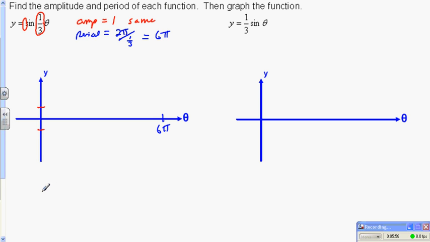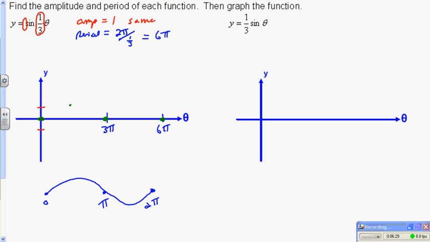Now again, sine goes up and down and back up in 2 pi. Halfway through, it's at 0, and it starts at 0. So halfway through this one would be 3 pi, and we would then just draw our graph. It would be here to start with, here halfway through, and here at the end.